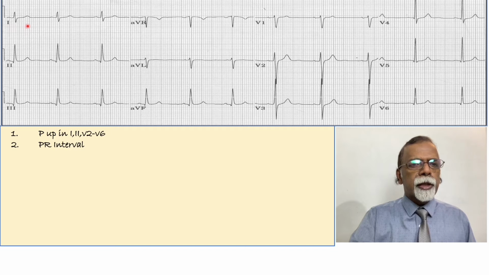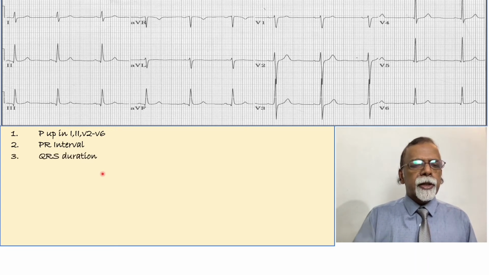So you should look at the PR interval. First see whether the QRS is preceded by a P in all the leads. It is present, and the duration should be less than 3 to 5 divisions. If the QRS is not preceded by a P wave in the normal interval, some type of heart block is present.